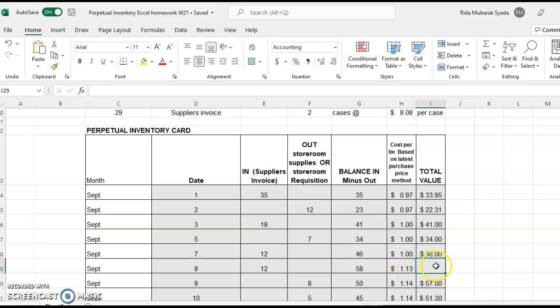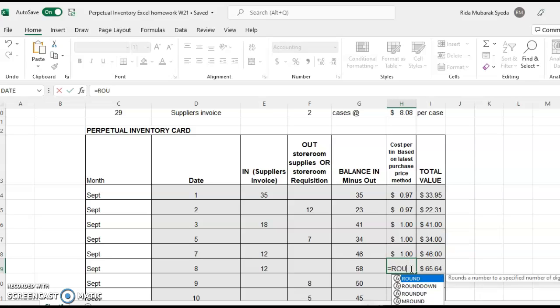Alright, and let's do, okay, so now when we do the cell reference over here, times this and enter. Okay, so when I did that on paper, I got 6554 as my answer. So let's try using the round up formula and see what we get.